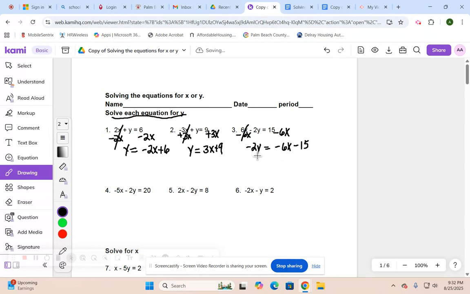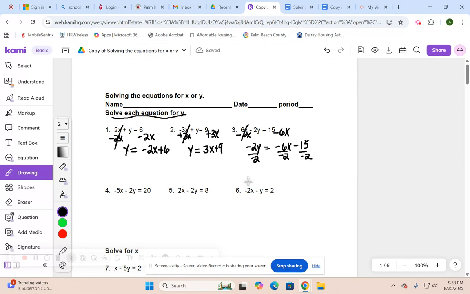All right, we're not finished because we need this in terms of y. We need to solve it for y. This is negative 2y. Because these two are being multiplied, we're going to have to divide through by negative 2 to get y by itself. Remember, it's an equation. You have to keep everything balanced.